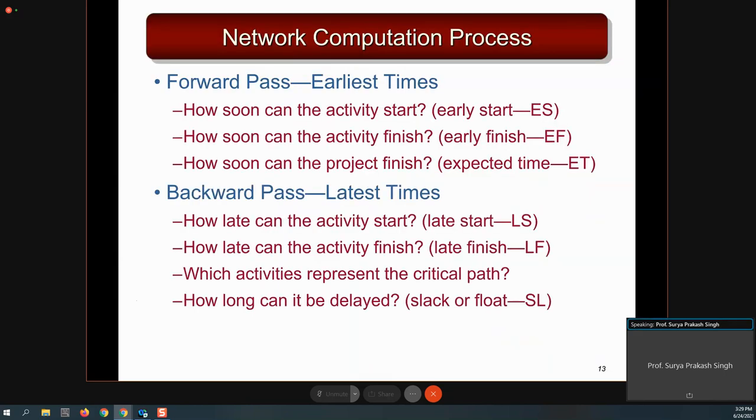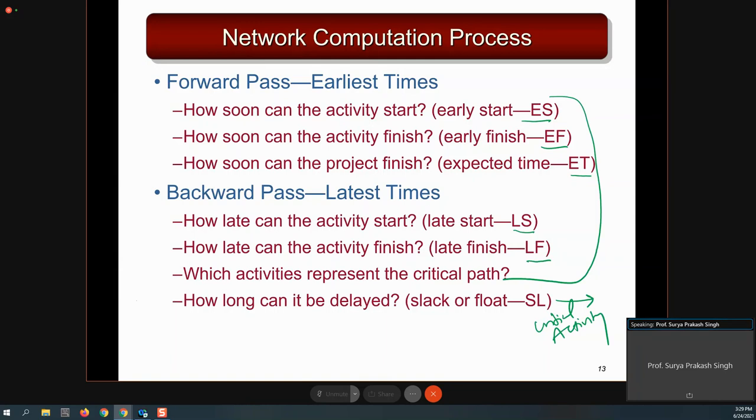As I have written here, forward pass will give you the calculation of time known as early start and early finish. When we go by the backward pass, it will tell you the latest start and latest finish time. Once you know this, you can calculate the slack or the float, and this will give you the information on critical activity.